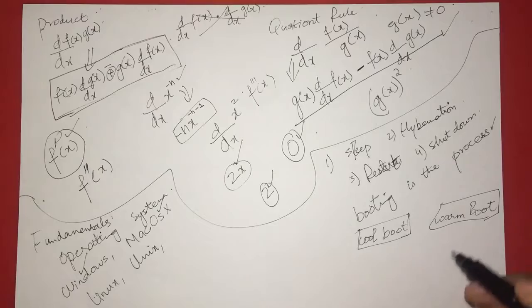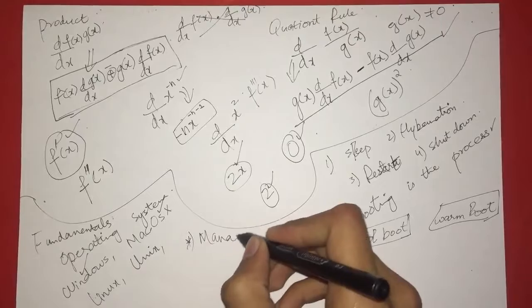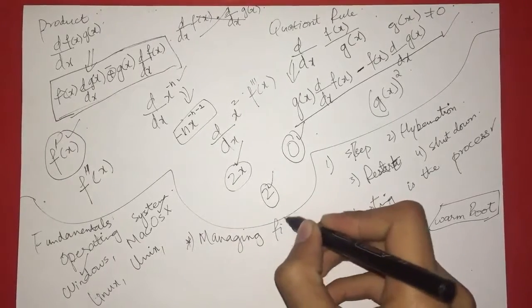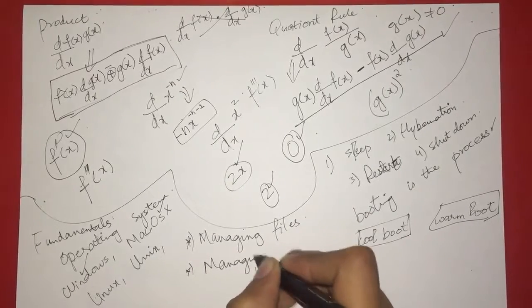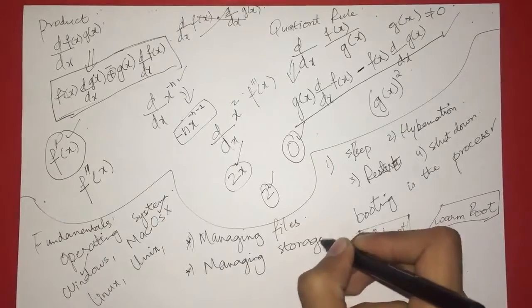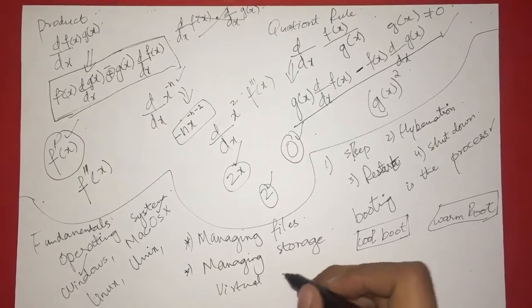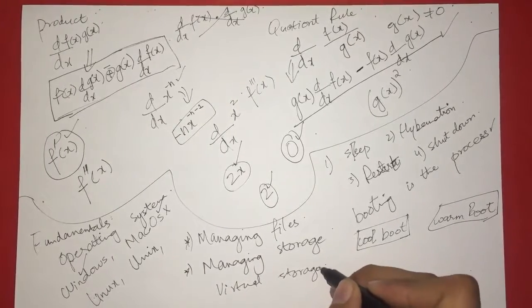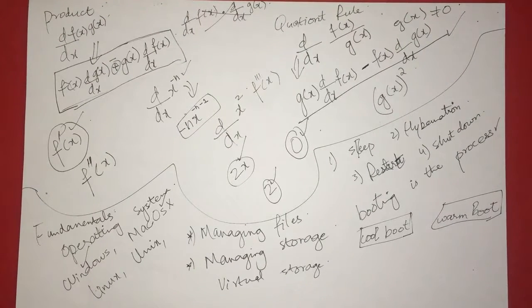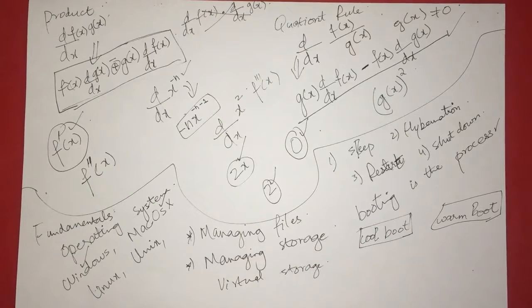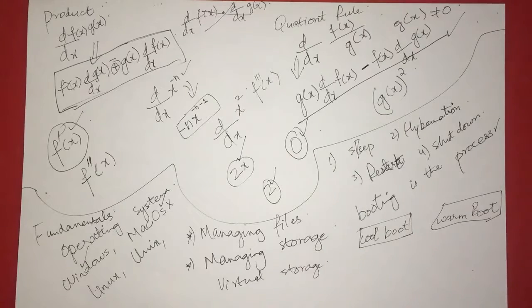So that is one of the functions of operating system. You have different functions, for example managing files and managing storage, which is the most important. An important point in managing storage is a term called virtual memory. If you have a small amount of RAM, or if you need more RAM, you specify a specific part of a hard disk to work as RAM for you.